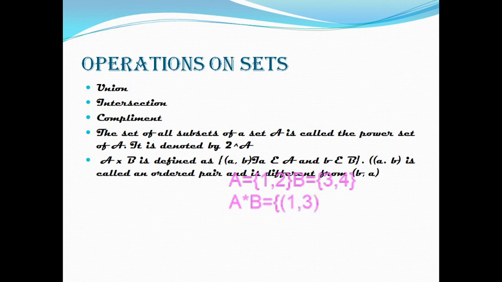Next, the first element from A, the second element from B. That is, in A cross B the first element must be A's element and the second one will be B's element. The order is important. A cross B, first from A, then from B. B cross A, first from B, then from A. Okay, we can complete it.